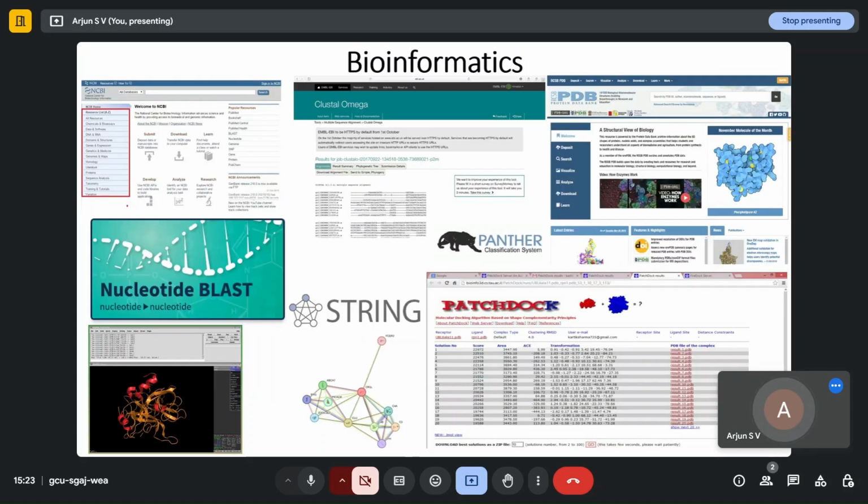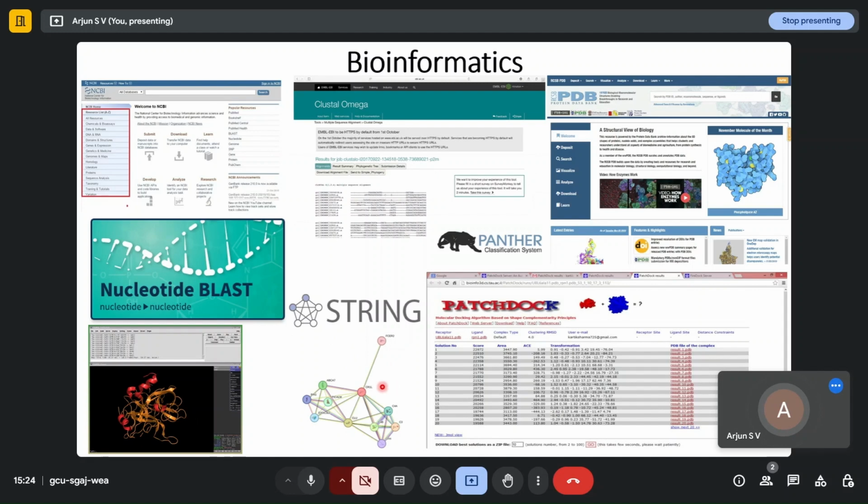And towards the last part of the lecture, we also got two tutorials which are based on bioinformatics tools. We saw a lot of bioinformatics tools which can be used in different ways to get different information. Most of them include NCBI nucleotide BLAST, Clustal Omega to see multiple sequence alignment, PyMOL to study docking of proteins and to visualize them, and Protein Data Bank to extract details about proteins, STRING DB to study the interactions between different proteins.